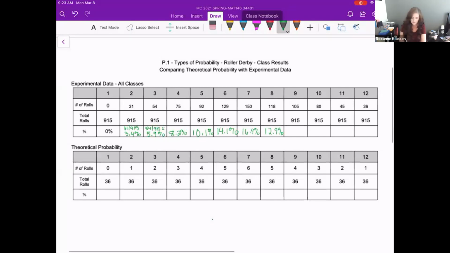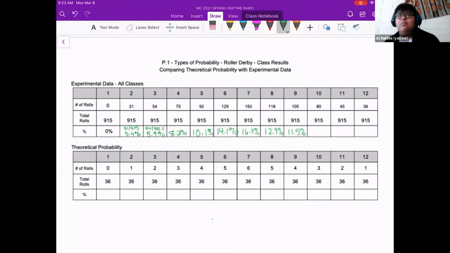Very nice. 11.5%. And for 10s, Ashley, what'd you get? I got 8.7%. Very nice. 8.7%. Amari, what'd you get for 11s? 4.9%. Very nice. And 12s. Valerie, what'd you get for 12s?